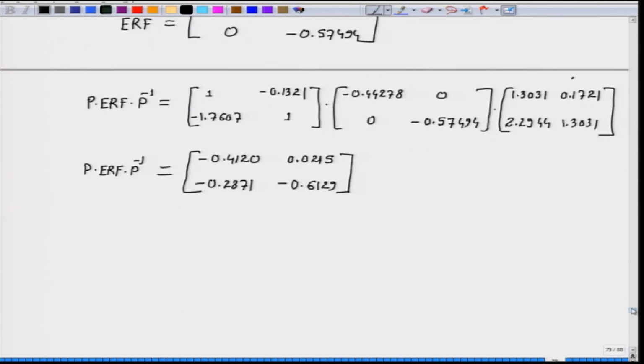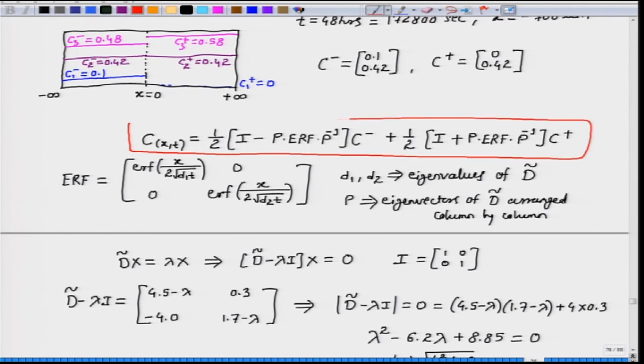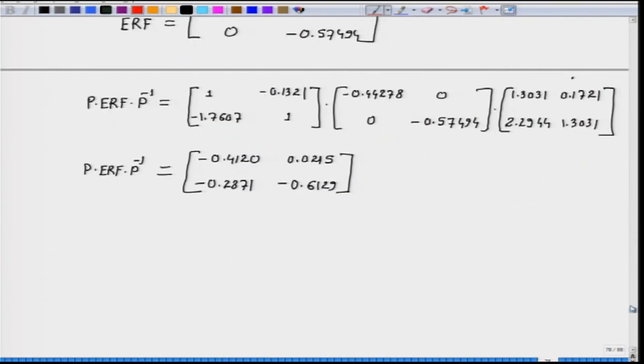Now we have to substitute back in the solution. So we are using this solution here. We know I is the identity matrix, 2 by 2 here. We know P times ERF times P inverse, and we know C minus and C plus. So we substitute in them and find C of x, t.